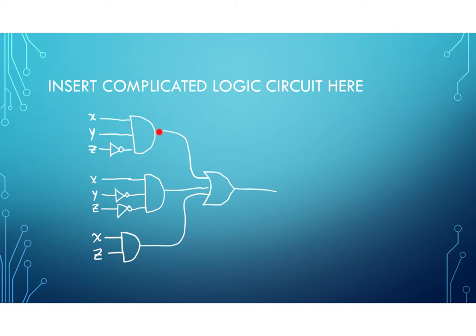Before we multiply these three things together, we have to negate one of them, in particular the z. So we have our Boolean expression. It's going to be x, y, z bar, which reading it in logic terms is x and y and not z.